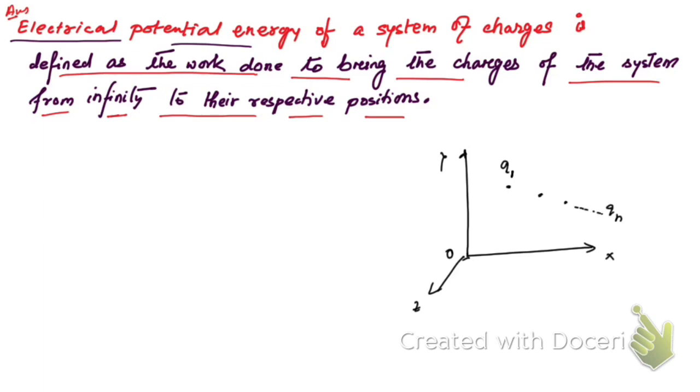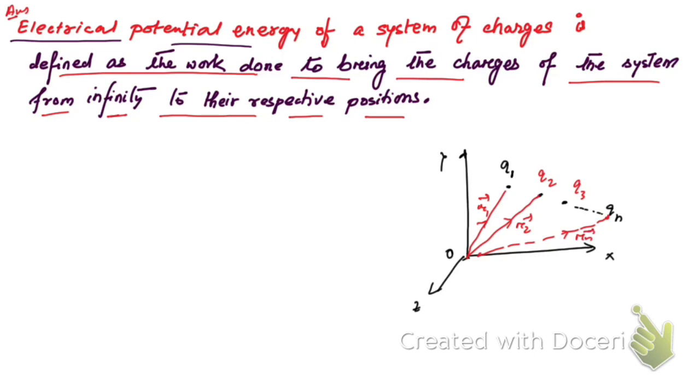Suppose we have n number of charges, up to qn. This is q2, this is q3, and so on. This is the position vector r1, and this is the position vector r2, and so on. We are going to get n number of position vectors for n number of charges, rn. Let me take that way.